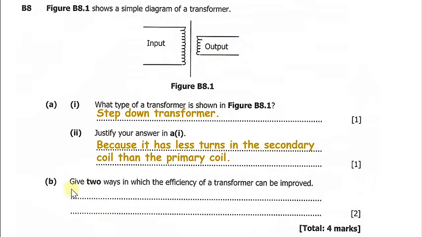Then B, they're saying give 2 ways in which the efficiency of a transformer can be improved. The number 1 way is by using large wires in the coils to reduce resistance in the circuit or in the coil. So if large wires are used here, then there will be reduced resistance, then efficiency will be more.